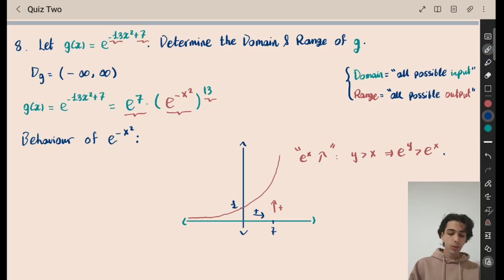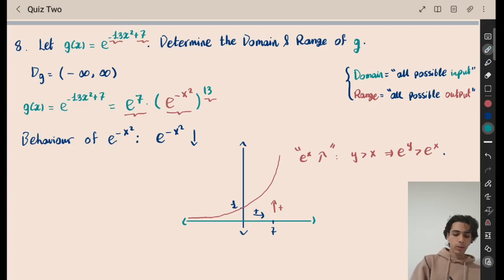Back to the behavior of e to the minus x squared, we notice that e to the minus x squared is actually decreasing. And that is due to the minus sign mainly.